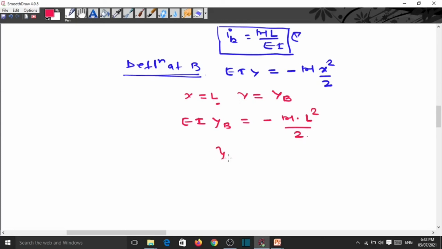So yB is equal to minus ML square by 2EI. Again this negative sign indicates the deflection is downward.